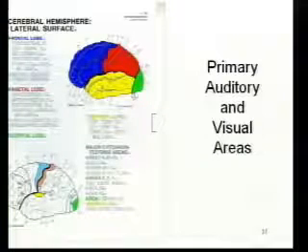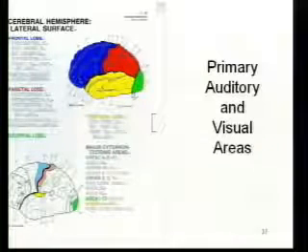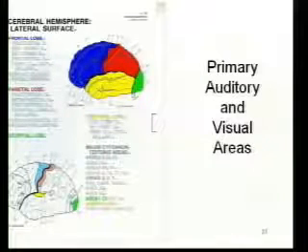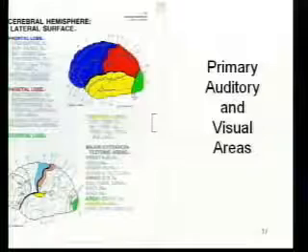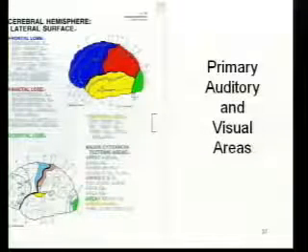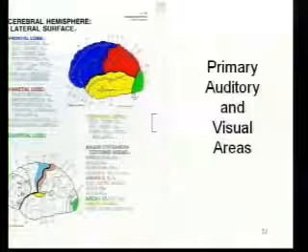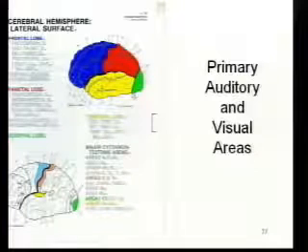And I pointed out that here in the frontal lobe, we have an area that's devoted to voluntary motor behavior that controls the movements of the hands and the arms, the legs, the feet, the various parts of the body. Here in parietal cortex, we have the so-called somatosensory area, which receives sensory impulses from various parts of the body, especially the skin, the sense of touch.